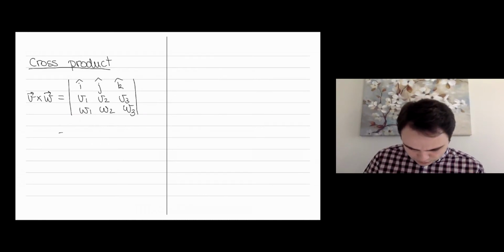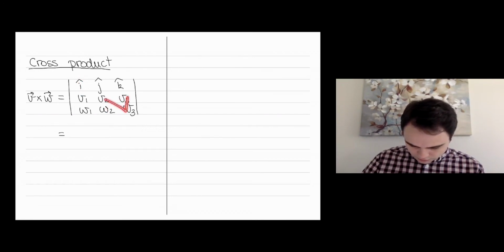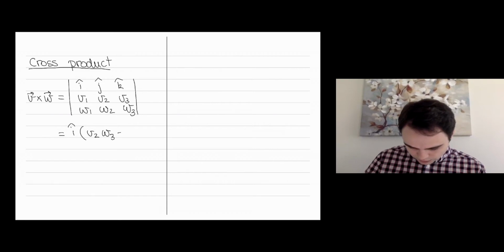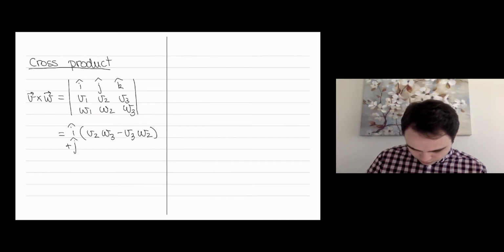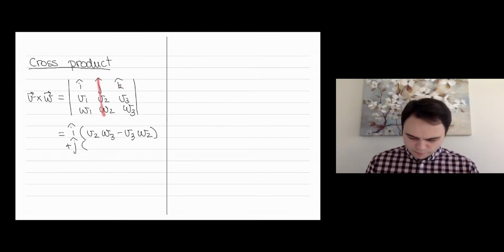Then you work out this determinant, and I get i times (v2 w3 minus v3 w2), plus j times, and for the j determinant, you eliminate the first row and the second column.